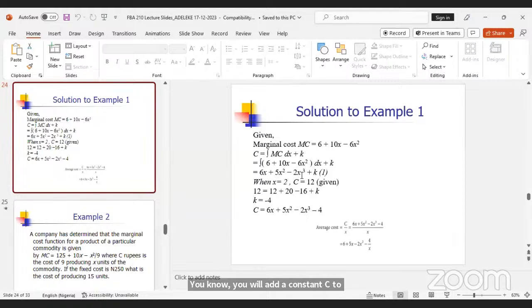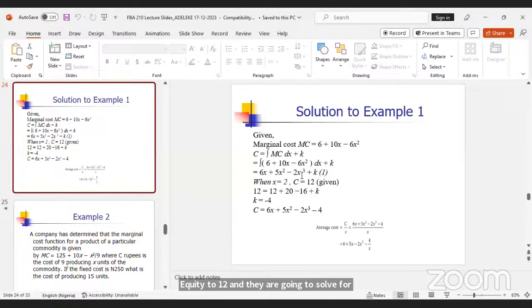So for that c to make sense, you need extra information. The extra information has already been provided. Look, when x equals to 2, a pair costs 12. A pair simply means x equals to 2. So when x equals to 2, substitute 2 as x into that equation, equate it to 12, and then you'll be able to solve for the constant.